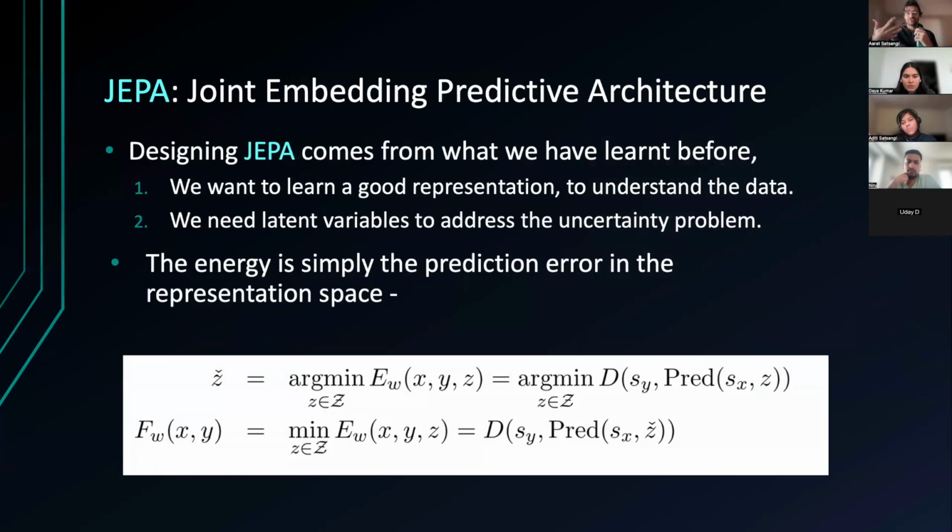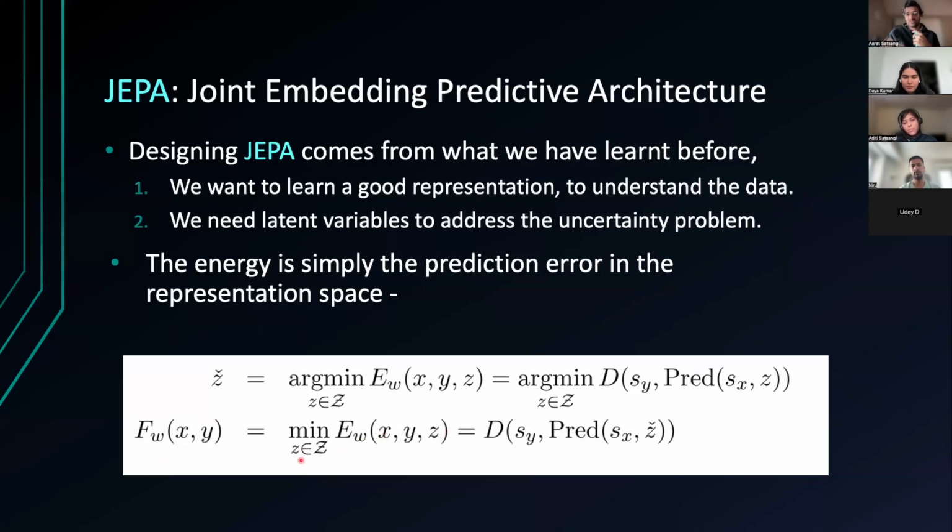You want me to clarify the second equation? F of x, y is your final energy that you get between x and y. That is the minimization over z of the energy function E_W, parameterized by W, which takes the input x, y, and z.